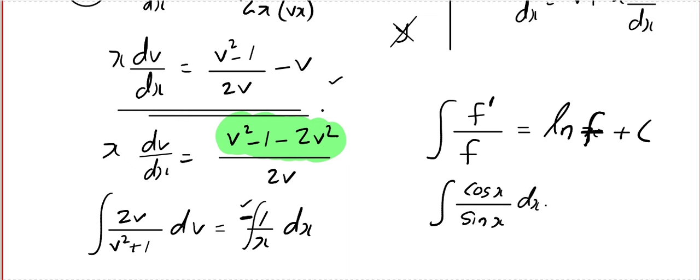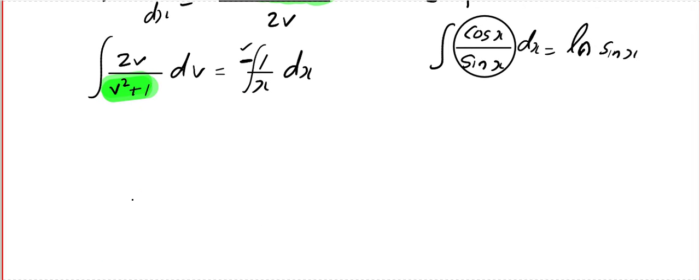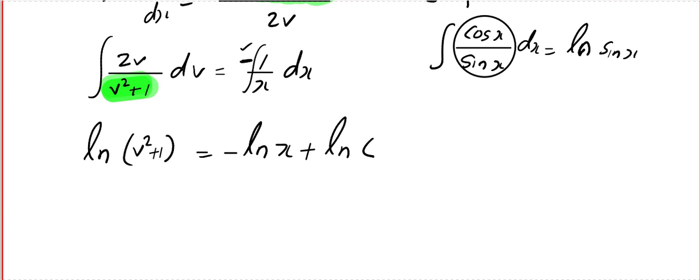So you can directly write the integration log of sin x. That is, the integration of cot x is log sin x. Now another example is right in front of our eyes. What is the derivative of v square plus 1? Isn't it 2 into v? So the integration goes like log v square plus 1 is equal to minus log x plus log c.